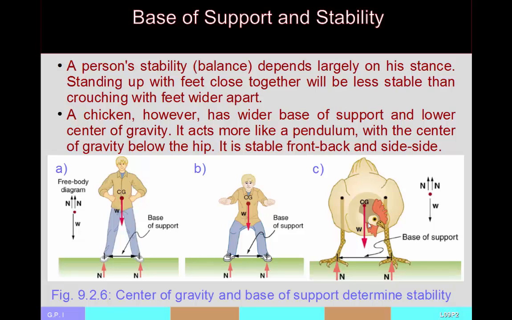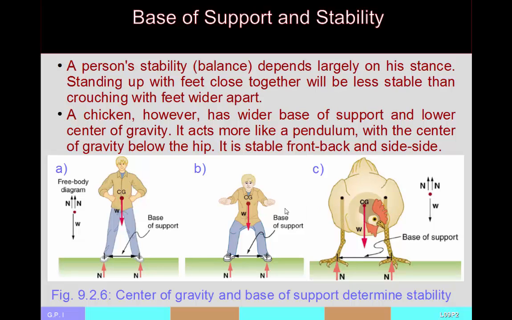So the chicken in many ways acts like a pendulum, with the center of gravity being below its hip, and it tends to be very stable both front to back and side to side. So front to back, the stability has to do with where the center of gravity is with respect to these two hip joints. The chicken can swing like a pendulum as far as that is concerned. So it's very stable equilibrium.